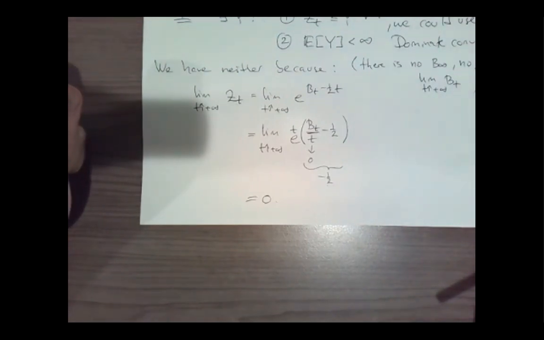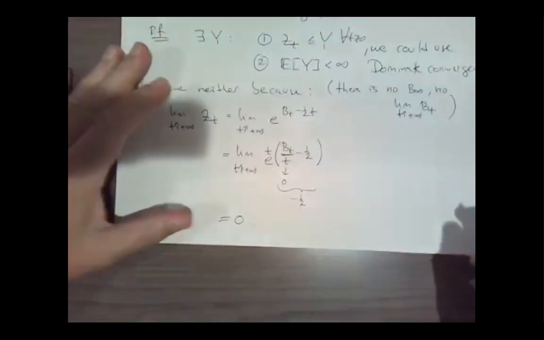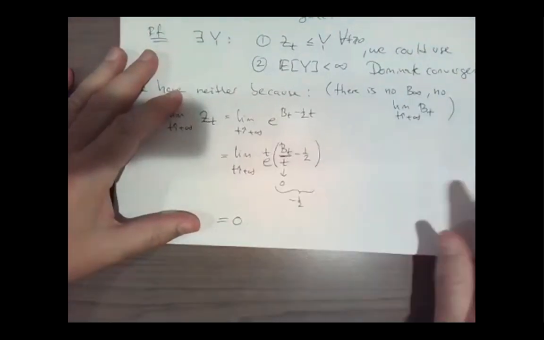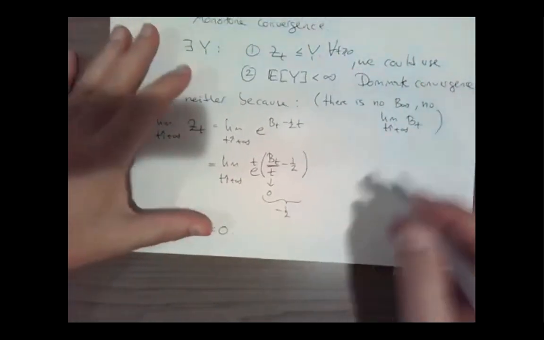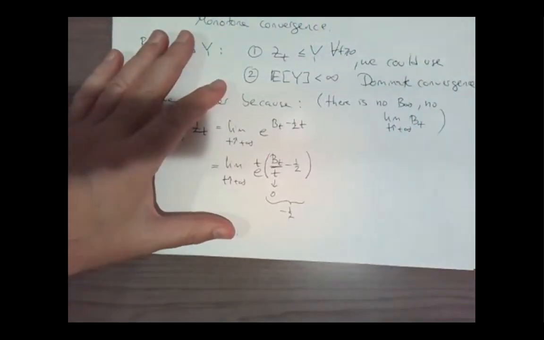I have a question. Yes. Could we have split the exponential into e to the B_t times e to the negative 1/2 t, and seen that e to the negative 1/2 t would have gone to 0, so then it wouldn't have mattered what e to the B_t was? But you don't have control over the first part. So let me write that in now.